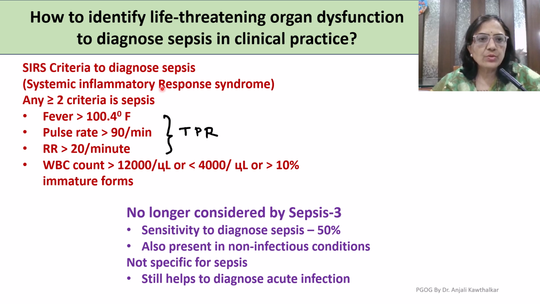SIRS criteria to diagnose sepsis. As per this criteria, there should be at least two of these four features to diagnose a case of maternal sepsis.